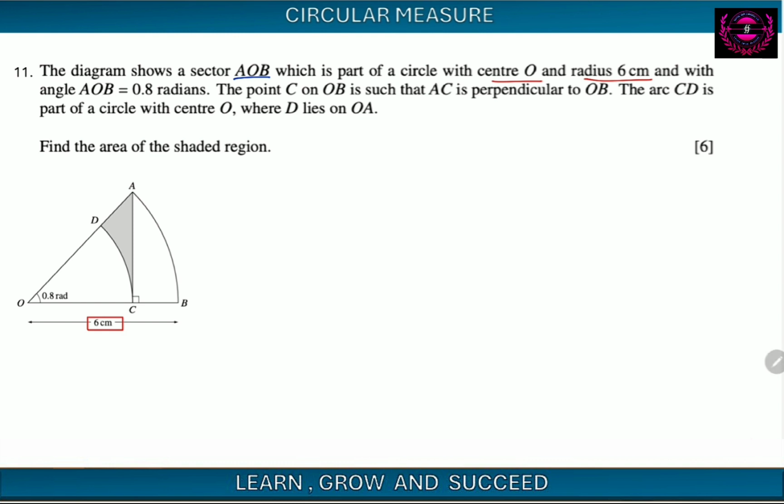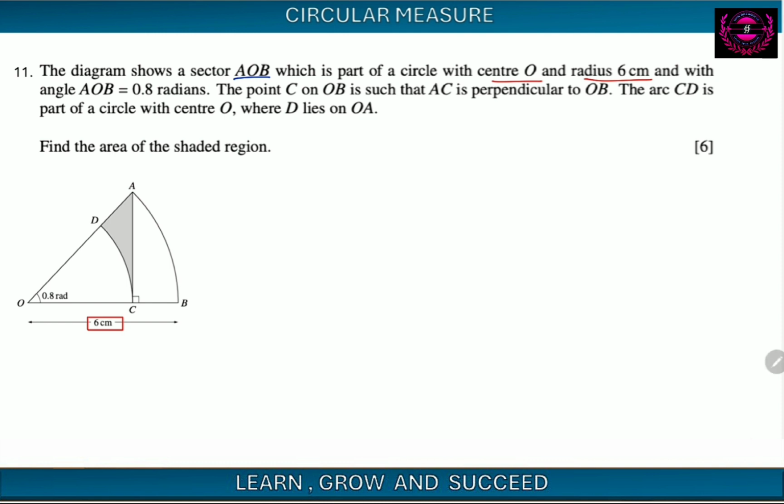Angle AOB is 0.8 radians. The point C on OB is such that AC is perpendicular to OB. The arc CD is part of circle with center O, where D lies on OA. Find area of the shaded region.